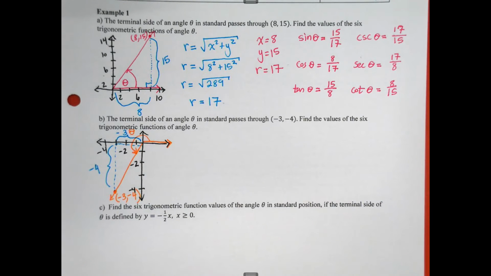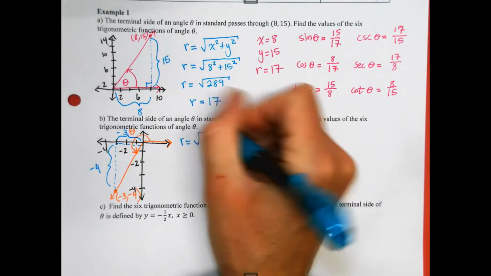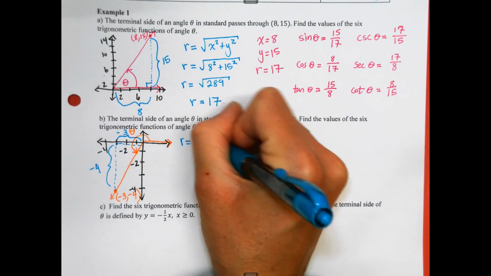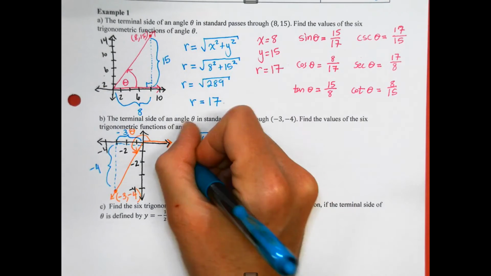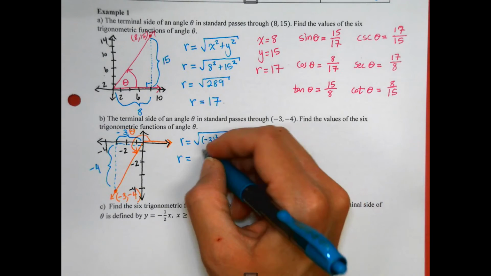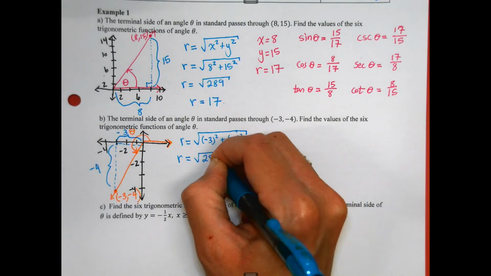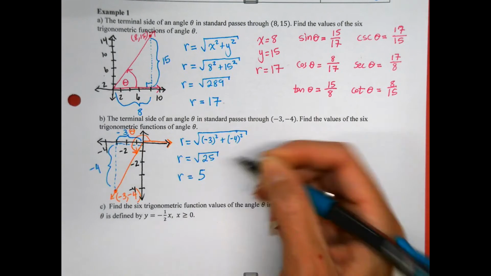So again, we're going to use the Pythagorean theorem to find our radius. r is equal to the square root of -3 squared plus -4 squared. So our radius is equal to the square root of 25, and r therefore is 5.